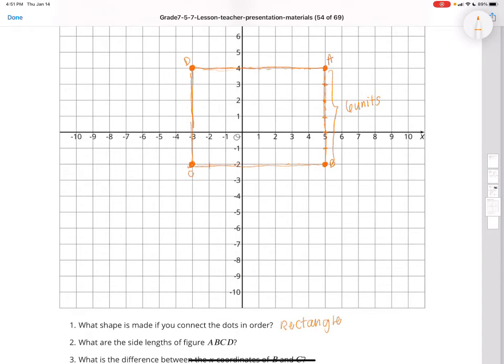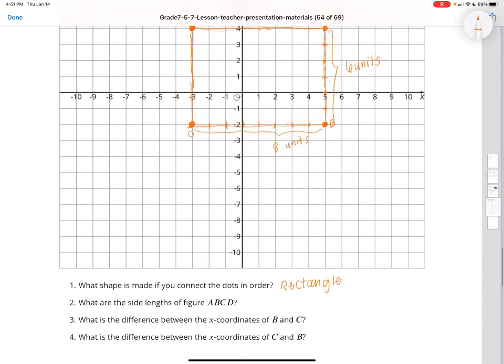So 1, 2, 3, 4, 5, 6, 7, 8. So this is 8 units. Okay, so they said what's the side length? So we're going to do 6 units by 8 units. Let's do that. 6 units by 8 units.